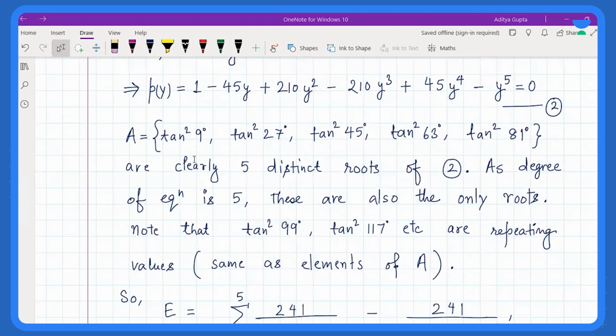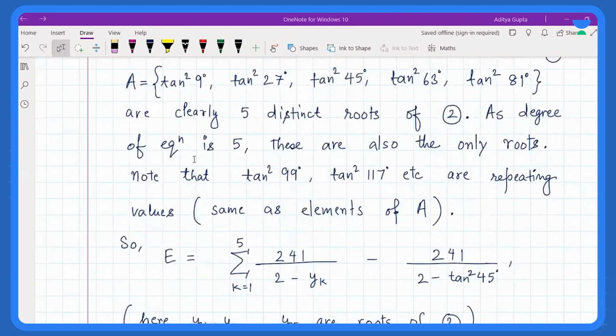Obviously its roots are also known. Tan square 9 degree, tan square 27, these values are known, but we are calling them y1: tan square 9 degree I can call y1, tan square 27 degree I can call y2, then y3, y4, y5, right? So basically E is nothing but the summation of 241 upon 2 minus y1 plus 241 upon 2 minus y2 plus like that.